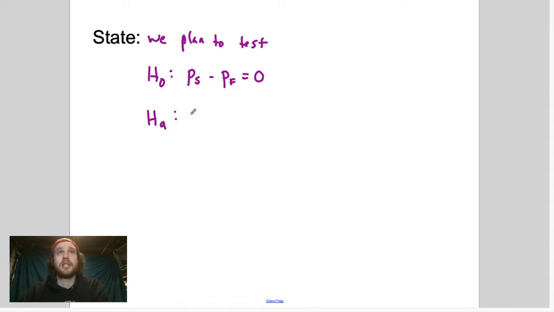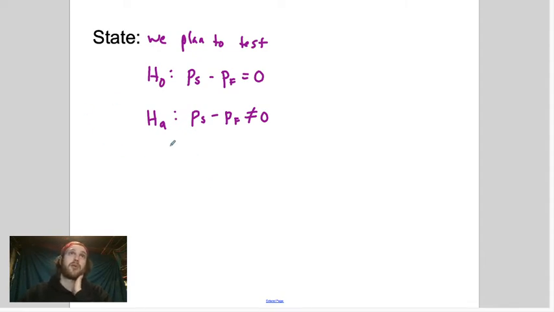If we were to not look at the data, we would have no reason to believe one country would be doing better than the other. So the test that makes sense is that PS minus PF is not equal to 0. So we're doing the two-tailed test. We're saying the difference, they're not equal to each other. The alternative hypothesis would be they are indeed different, the fatality rate in those two countries.